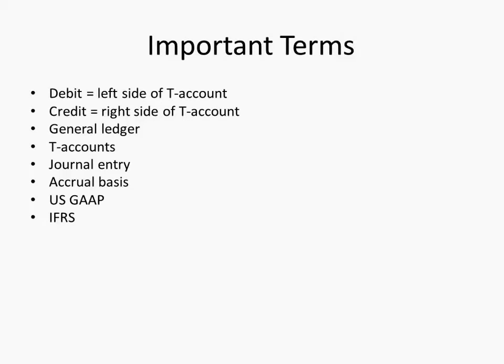They say, well, does the lease go for more than 75% of the life of that asset? Is the present value of the future payments greater than 90% of the value of that asset? Is there a bargain purchase option at the end? Will you be able to buy this asset for $1 at the end of the lease?